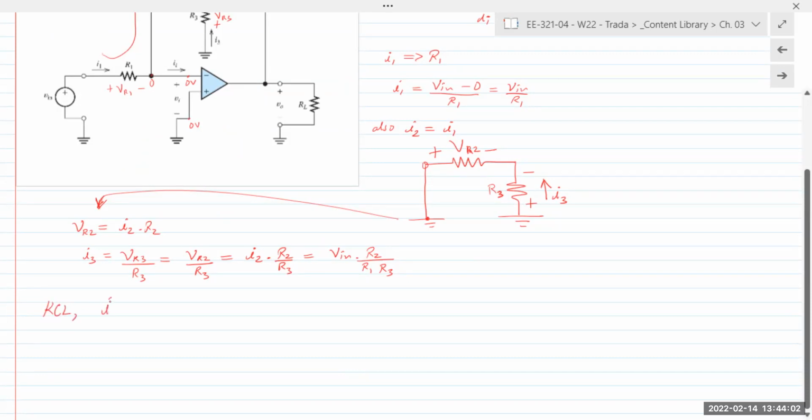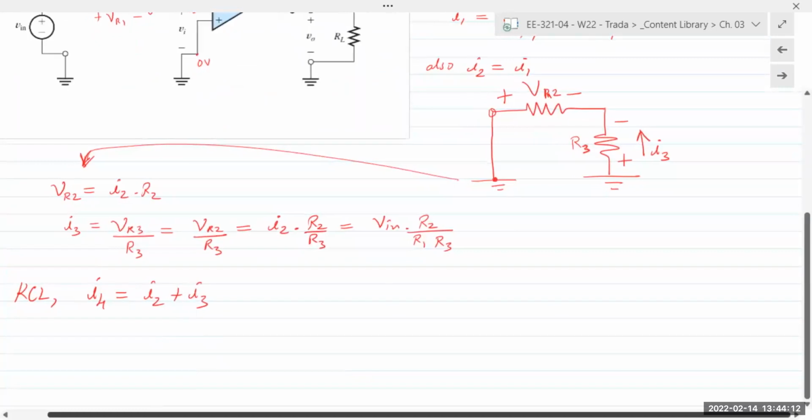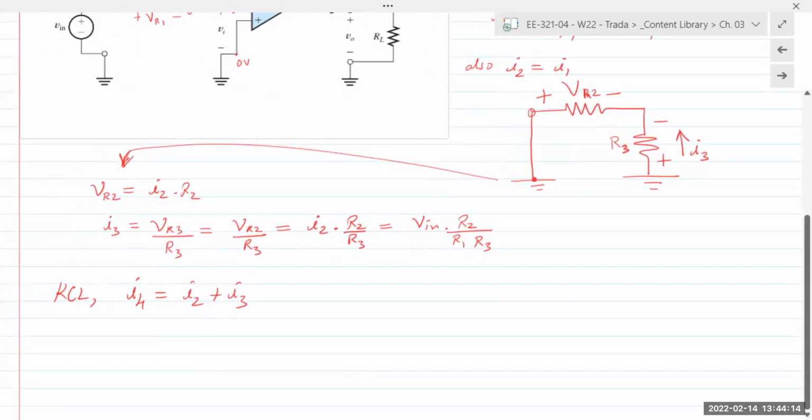From KCL, we can write I4 is equal to I2 plus I3. Then we plug in the values that we just calculated for I2 and I3. I2, of course, is the same as I1. I1 is V in over R1. And so it's V in over R1 plus I3, which is V in times R2 over R1 times R3.